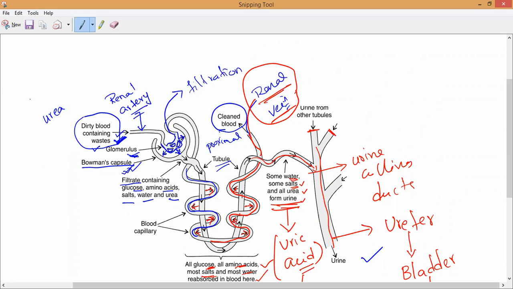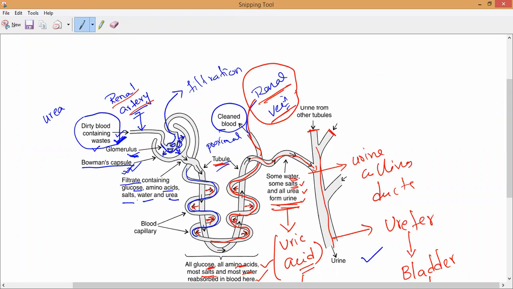Tell me. First, the dirty blood is brought by whom? Dirty blood is brought by the renal artery to the glomerulus. The glomerulus will filter all the small substances like glucose, amino acids, salts, water, urea, etc. Big molecules like proteins will stay with the blood and pass through the blood capillaries, which are surrounded by the tubule.